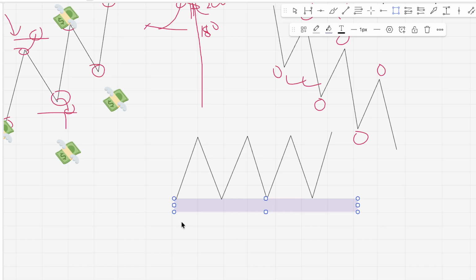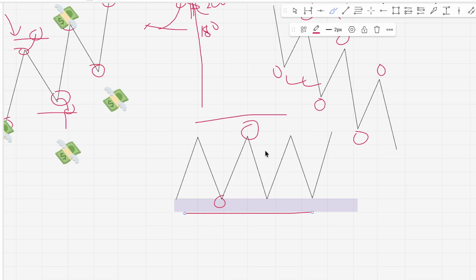In terms of density of liquidity, please mark this word: when we have more highs or lows, we have more stop losses, because a lot of people are buying at the bottom and selling at the top. If you are selling from here, your stop loss is here. If you're buying from here, your stop loss is here.